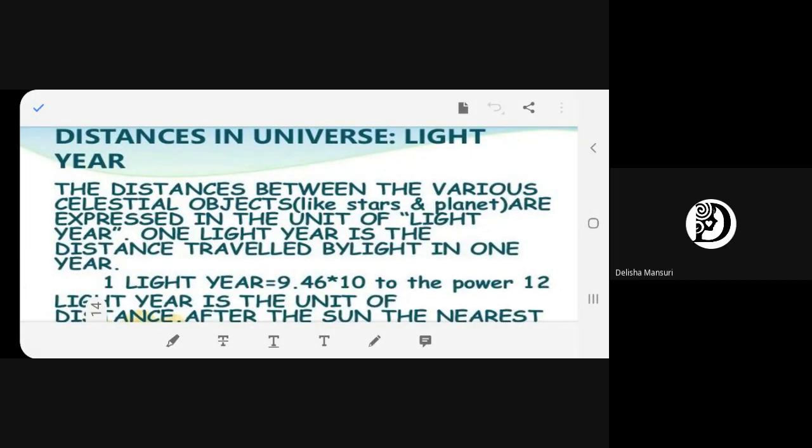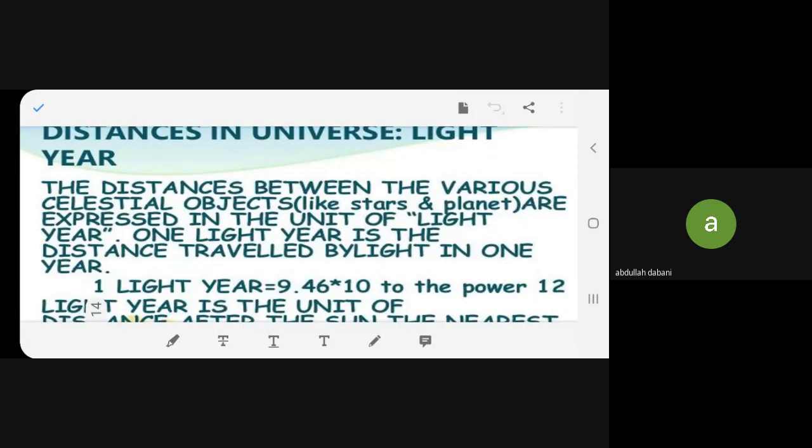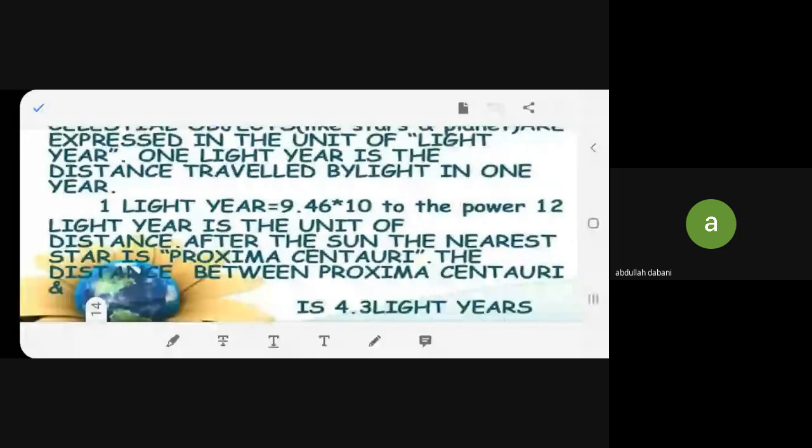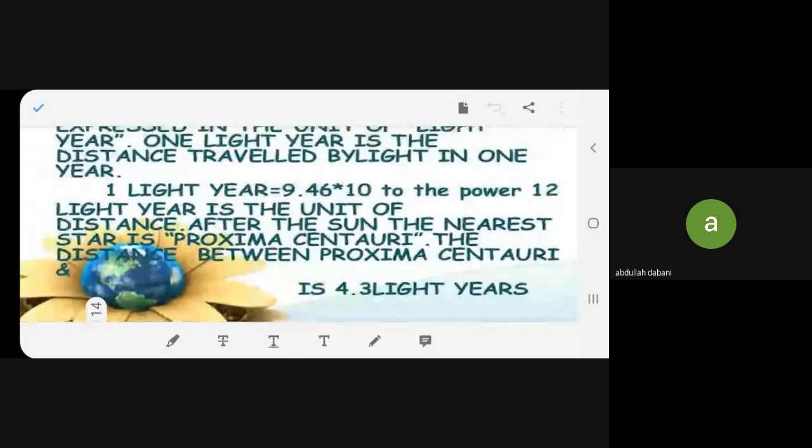Yes. So this is the distance between the heavenly bodies or the celestial objects. For example, it may be between stars, or between stars and planets. So the unit is light year, and 1 light year is the distance traveled by light in 1 year. It is 9.46 times 10 to the power 12 kilometers.